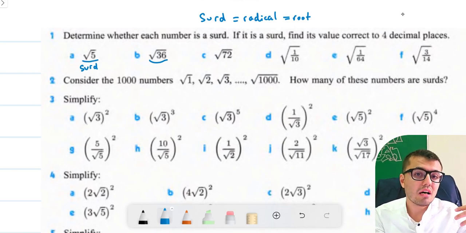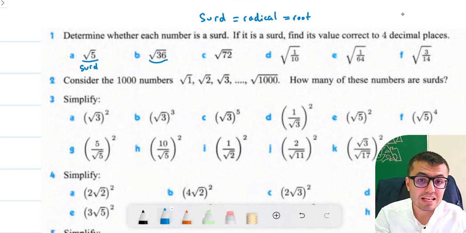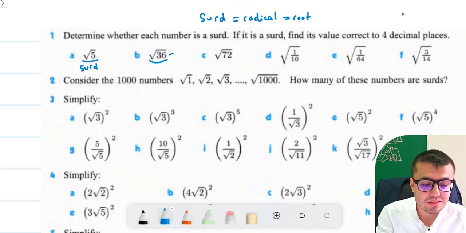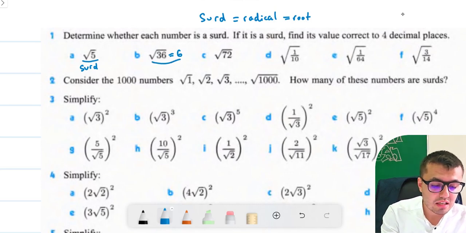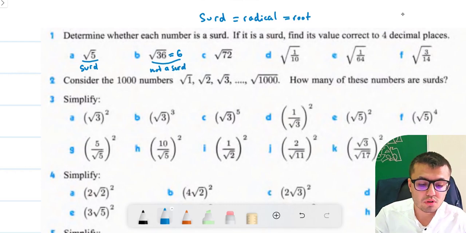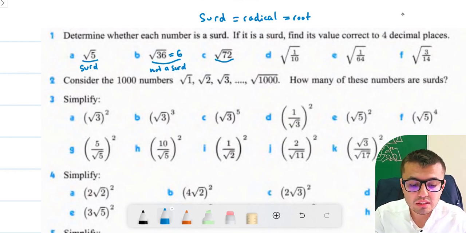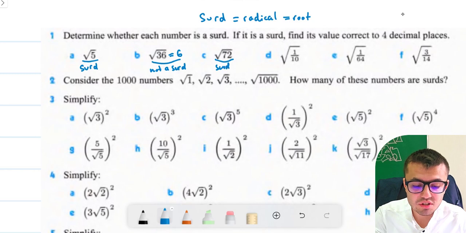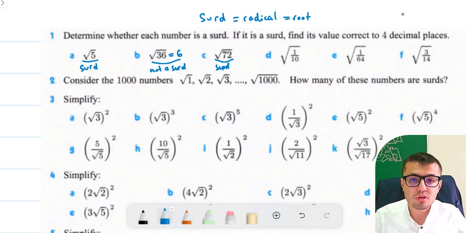This is a rational number. This is an integer. As a matter of fact, this is equal to 6. So that's why this is not a surd. This one is a surd because this is an irrational number.